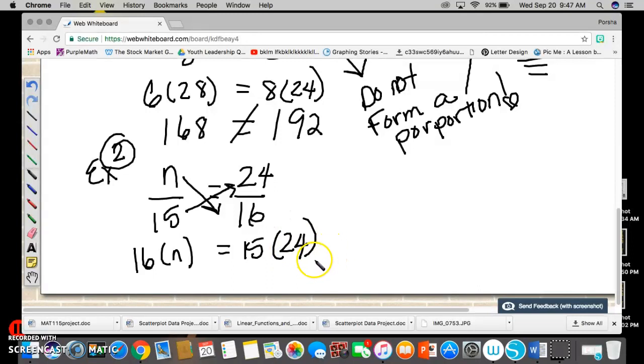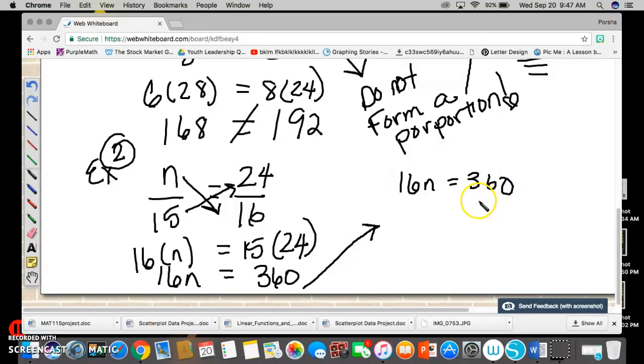Alright, so 16 times n, that is definitely going to be 16n as we simplify, and 15 times 24 is going to be 360. I think I'm running out of room, so I'm going to draw an arrow. So you have 16n equals 360. And like I said before, you're going to use the techniques that you normally use when you're trying to solve other equations.